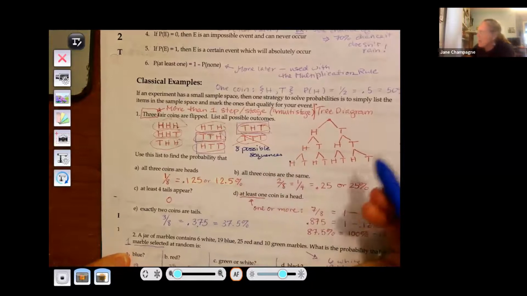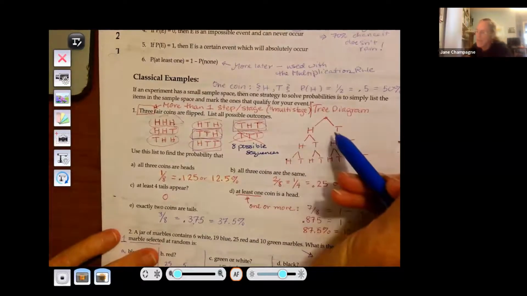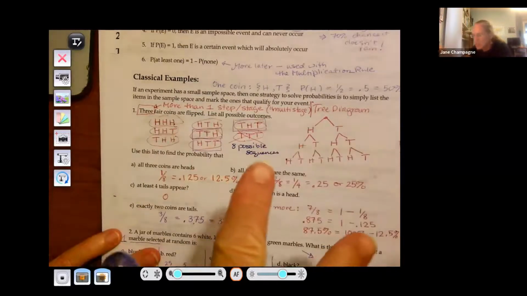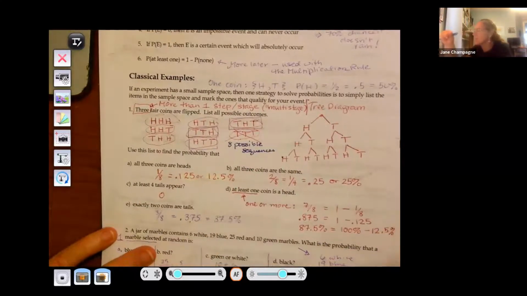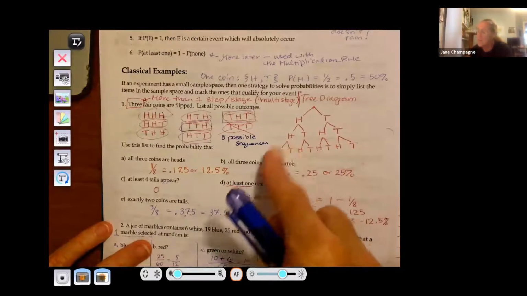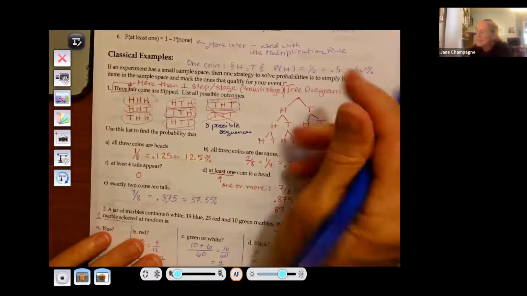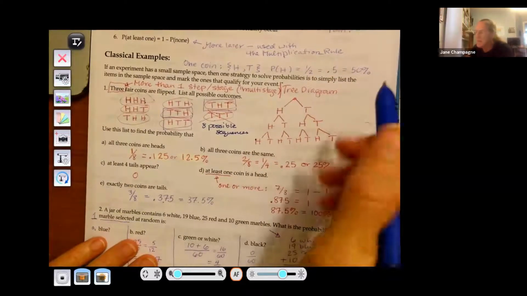And I showed you how we came about that, or how you can sort of see that with the tree diagram, the idea that you branch out to the 2 options for the first coin, and then branch out from there to the 2 options for the second coin, and then branch out from there to the 2 options for the third coin. So you can kind of see that there's multiplication happening.